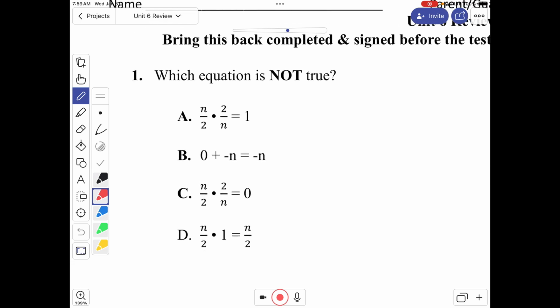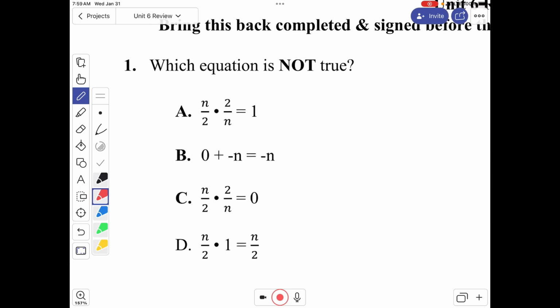Question 1 asks which equation is not true? Well, choice A is an example of the inverse property, because this fraction is flipped. They're inverse, they're opposites.